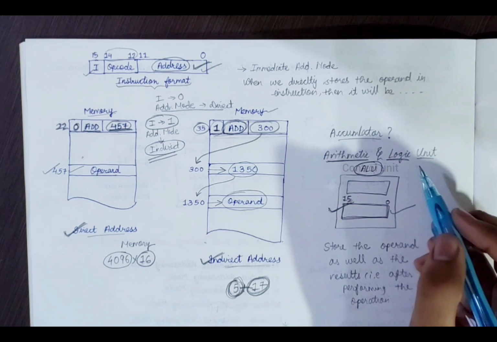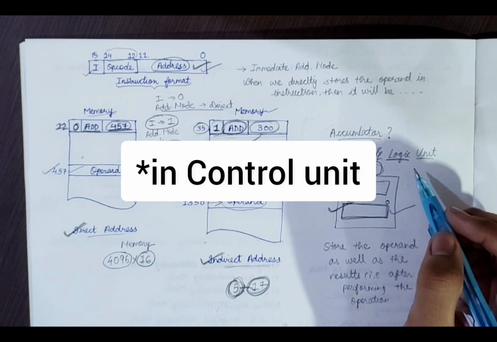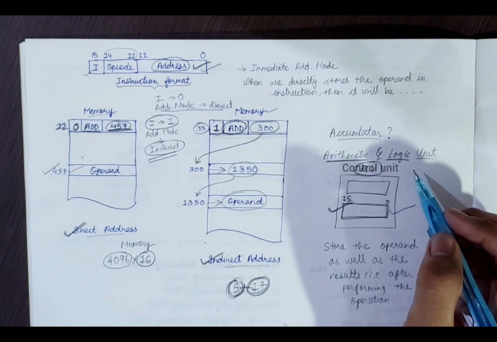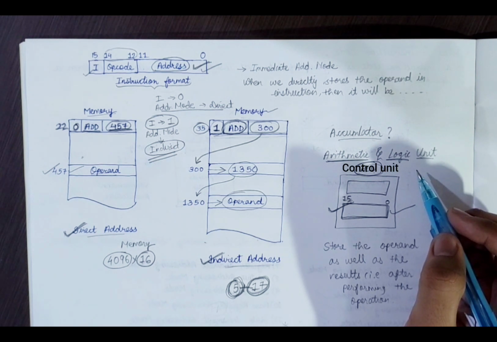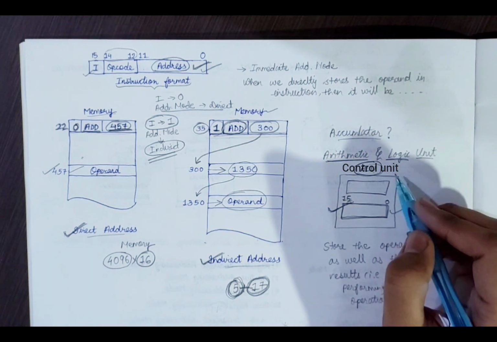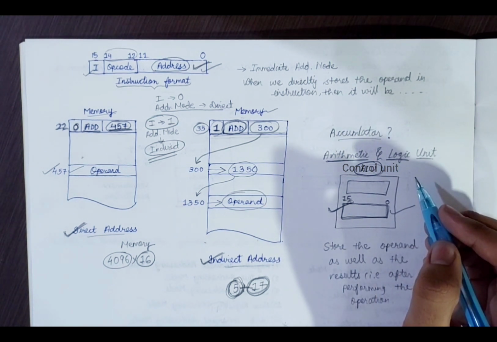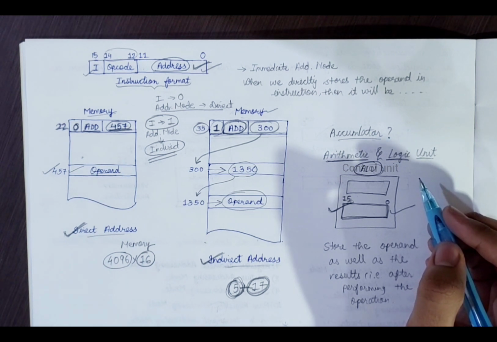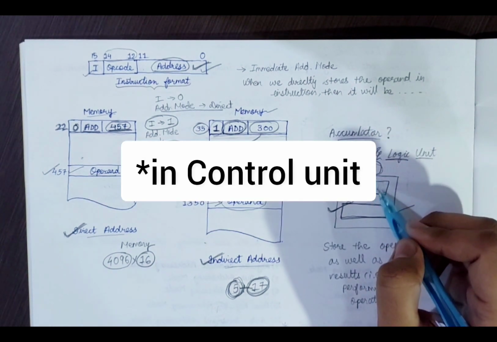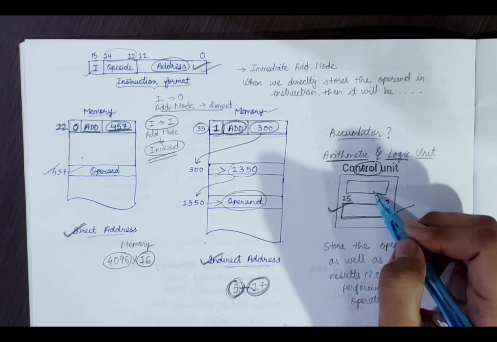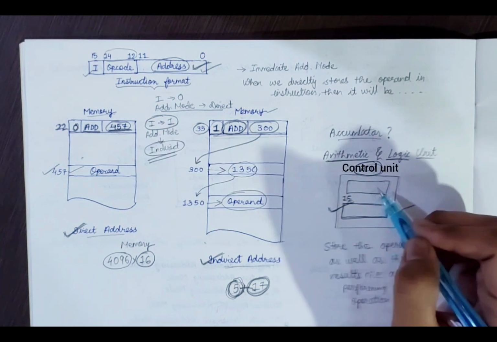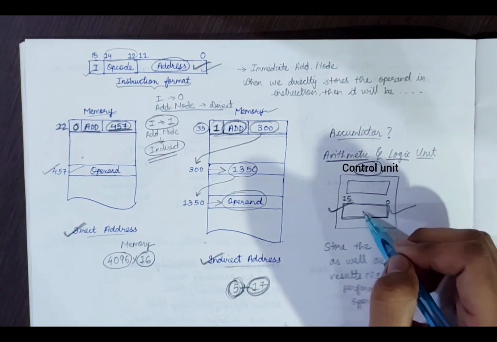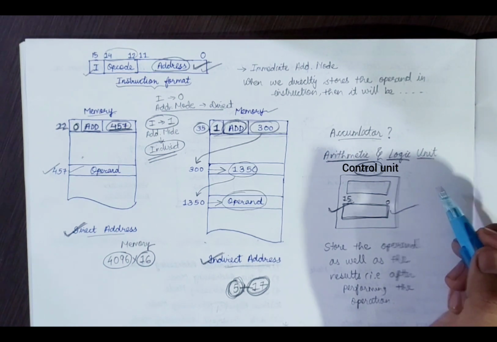All the registers in the ALU have different purposes and store different types of data. In this way data is temporarily stored in the ALU, the operation is done on that data or operand, and the result is stored in the accumulator.